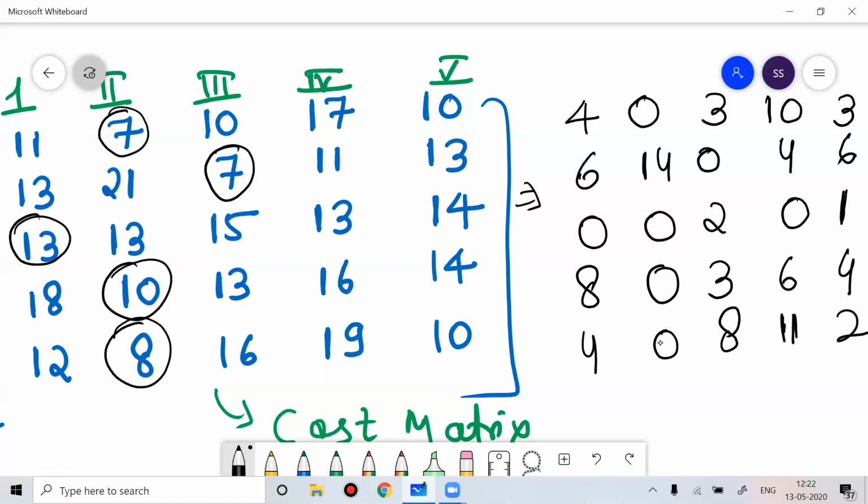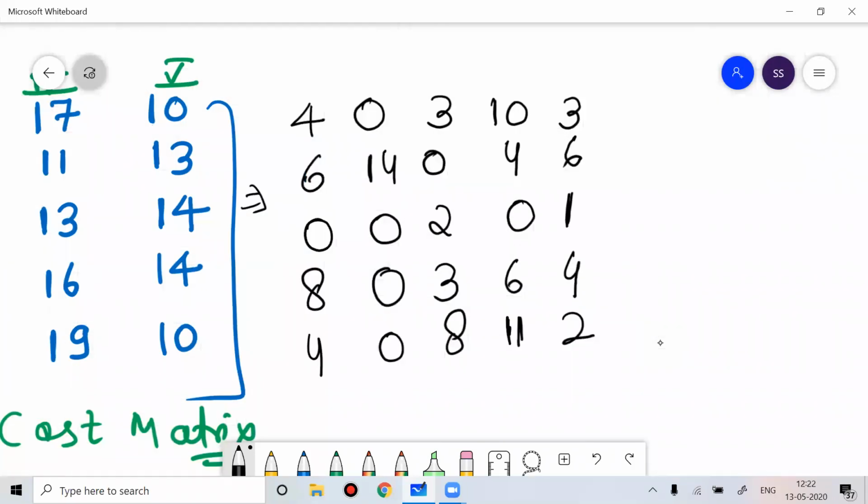So you found the minimum element in the row and subtracted it from the elements of the row.